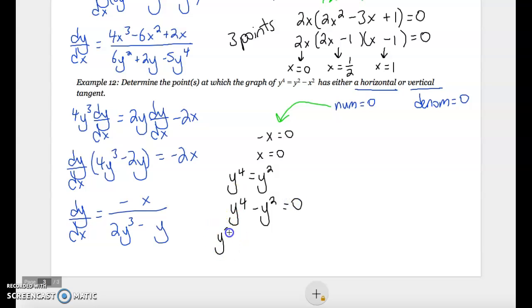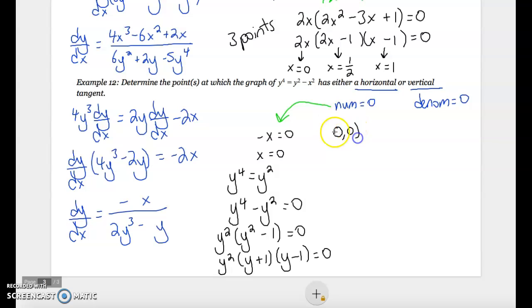Pull out a GCF of y squared: y squared times (y squared minus 1). And then this is a difference of squares, so y squared, (y plus 1), (y minus 1). So these would all be the y values where you would have a horizontal tangent line with this x value. So your points would be (0, 0), (0, negative 1), and (0, positive 1).